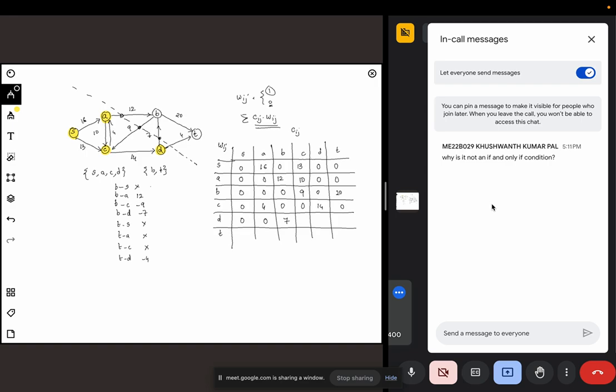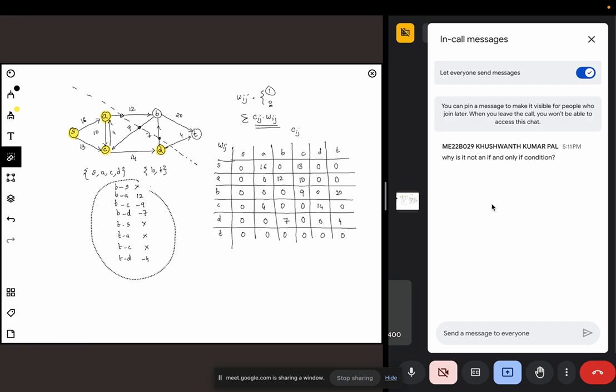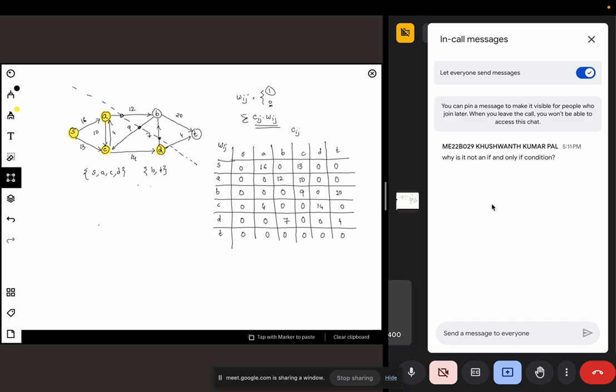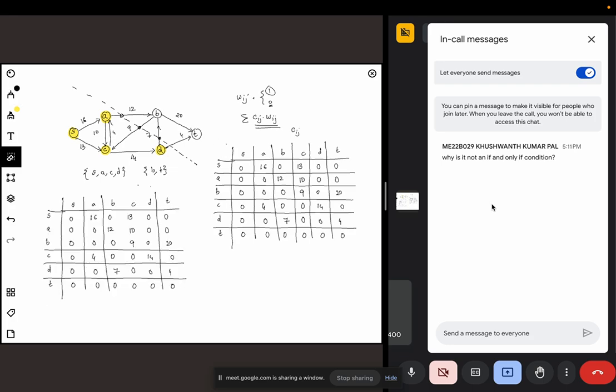D to C, D to D, and D to T. From T, there is nothing going, so everything will be 0. This is my Cij matrix.